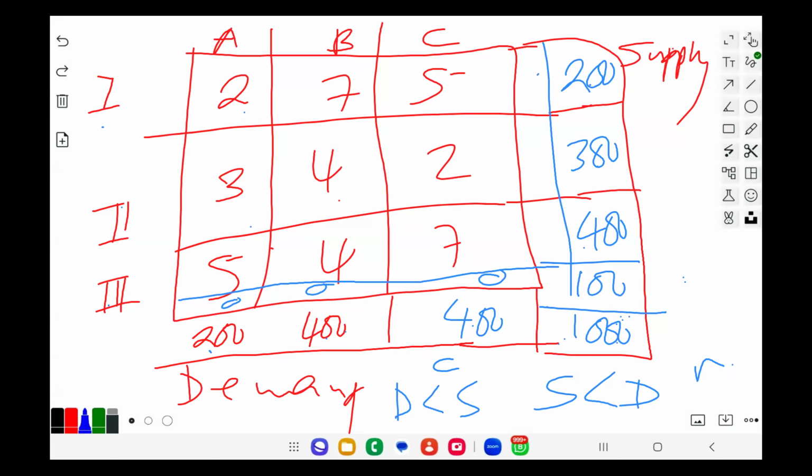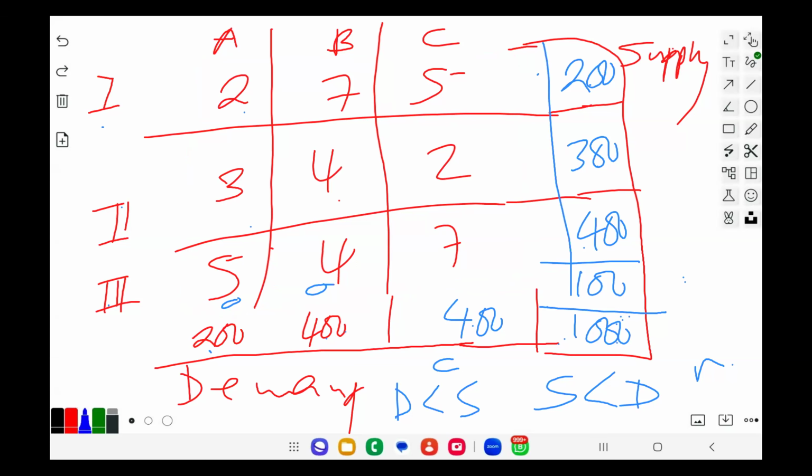So that's very, very important as we start. Balancing these so that they are equal. It becomes a balanced problem, all right?